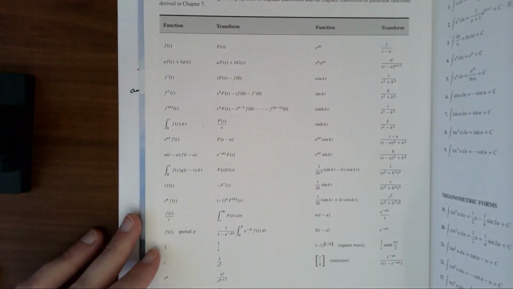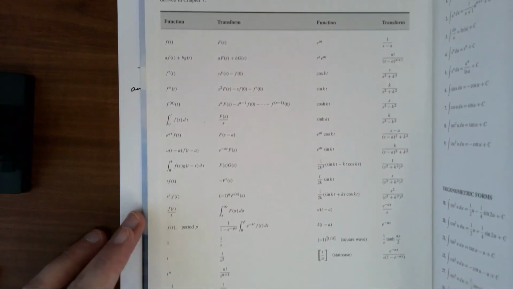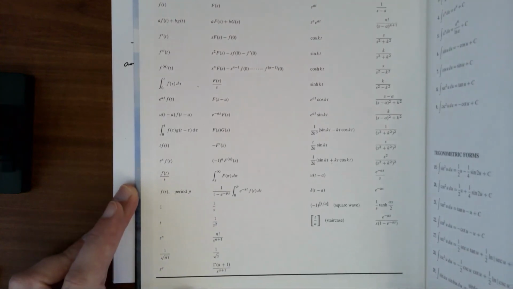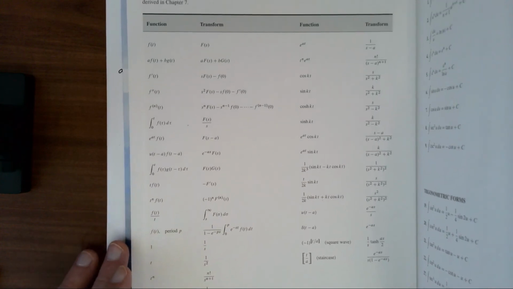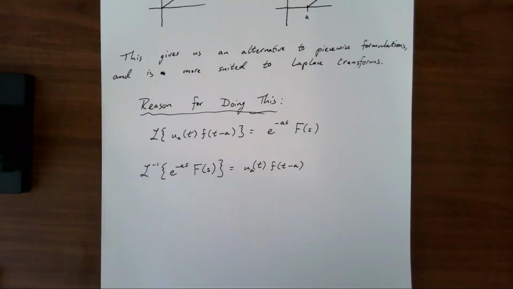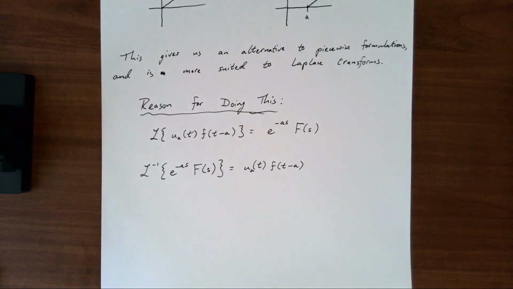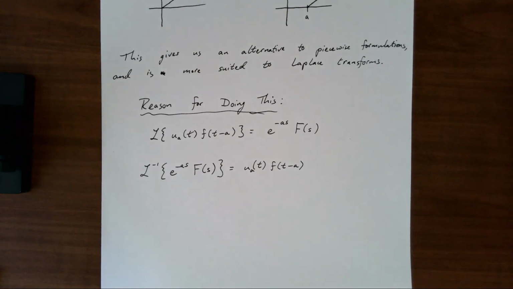So here, in the front cover of what used to be the textbook for this course, is a very comprehensive table of Laplace transform formulas, and this is also available on D2L under the content for this course.